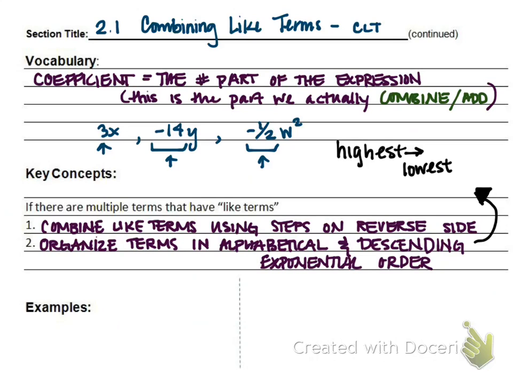So let's take a look at our first example that is a little bit more complex. Example number 4 says -4a squared plus 2a minus 10a minus 16a squared. Now the variable parts we're looking at here are both a and a squared.